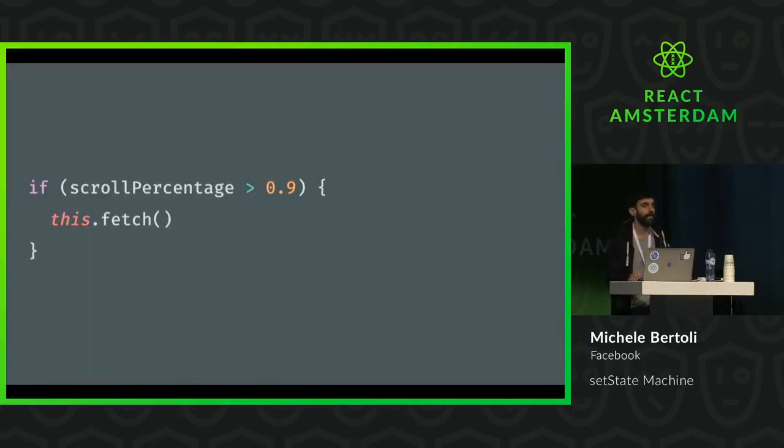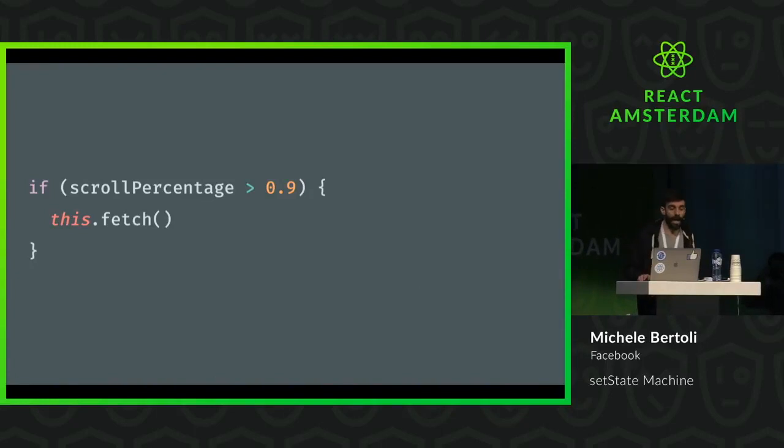If we implemented this component, this would be the core functionality, right? We calculate the scroll percentage. If the scroll percentage is more than 90%, we fetch new data. However, this has a problem. With this code, we would fetch more than expected, because the scroll event keeps on firing when we have started fetching already.